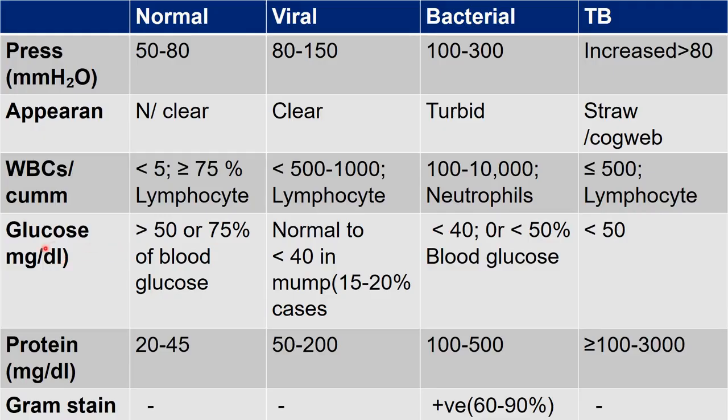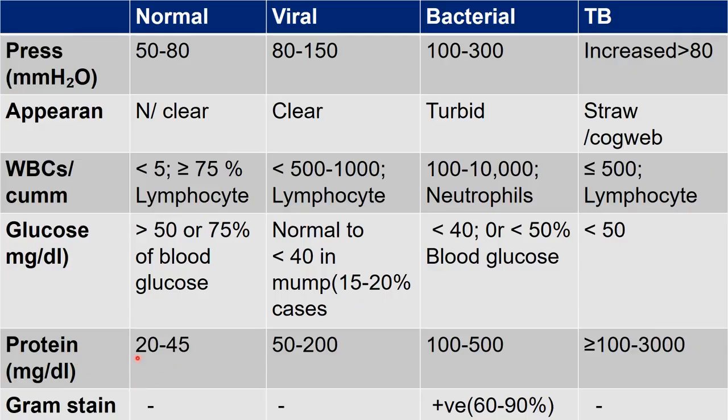And the glucose in normal condition is more than 50 milligram per deciliter, or 75% of the blood sugar. Viral pathology has normal glucose, except in mumps it might be less than 40 milligram per deciliter. In bacterial it is less than 40 milligram per deciliter, or less than 50% of the blood glucose. And tuberculosis also less than 50 milligram per deciliter.